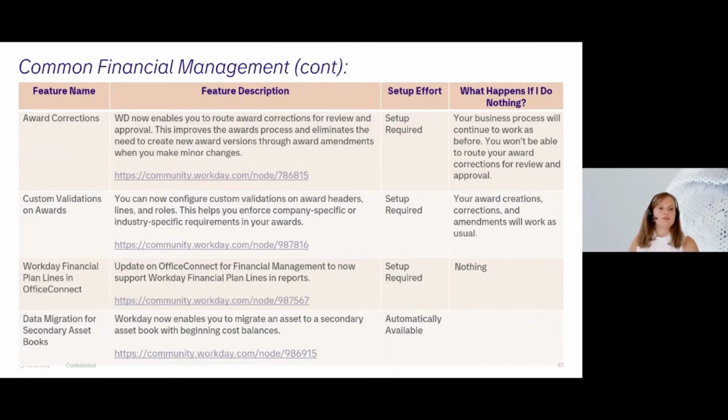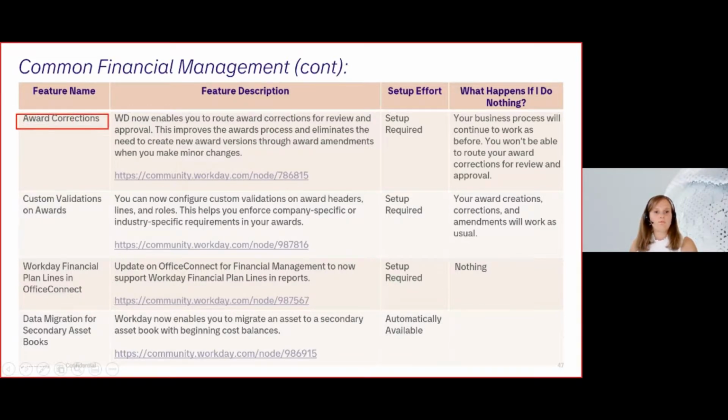And the next two features are about awards. Workday now enables you to route award corrections for review and approval. And this improves the award process and eliminates the need to create a new award version when you make just minor changes. So as a reviewer, you can approve, deny, or also now edit and send back an award correction to the award initiator.